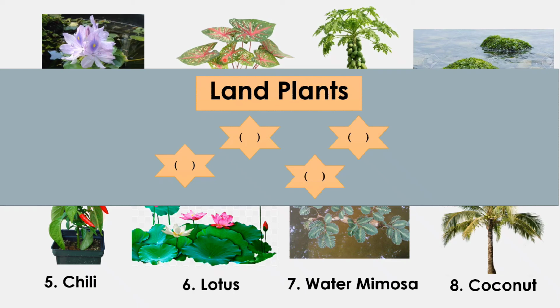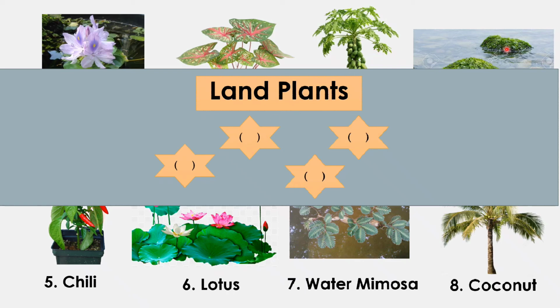If your answer is yes, then you can write the number 2 here. How about this one? Number 3, we have papaya. Does the papaya grow in the land? If your answer is yes, then you can also write number 3 because papaya is number 3.